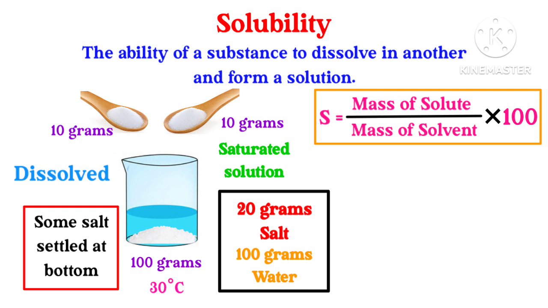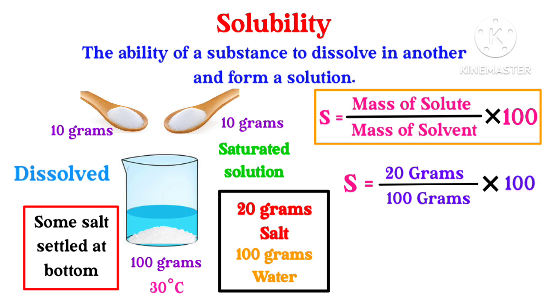So we write S is equal to 20 grams over 100 grams into 100. Thus we get solubility is equal to 20%. It means that the solubility of salt is 20% in 100 grams of water at 30 degrees centigrade.